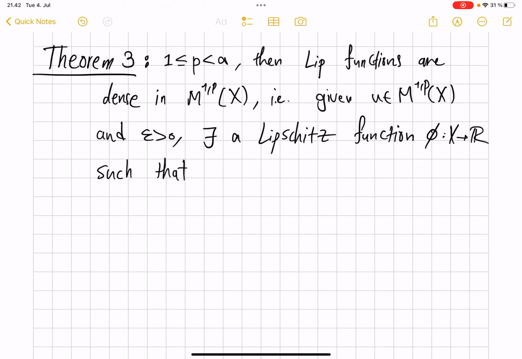We want to find the Lipschitz function that approximates this. One obvious way of measuring approximation is that u minus phi.